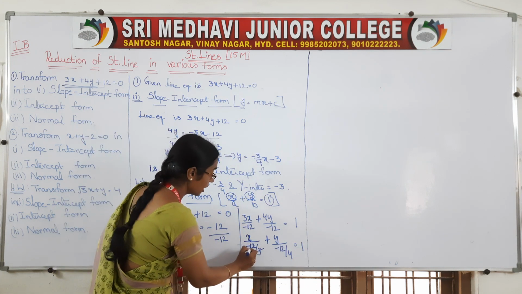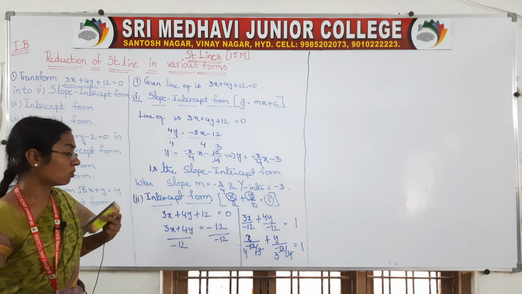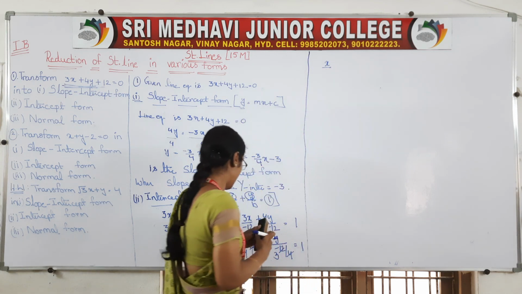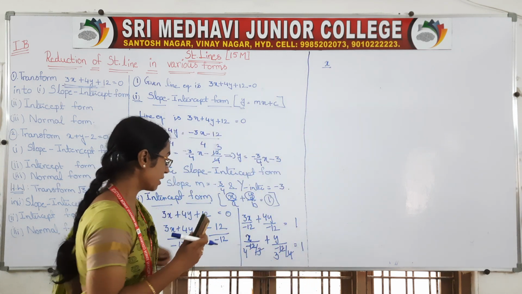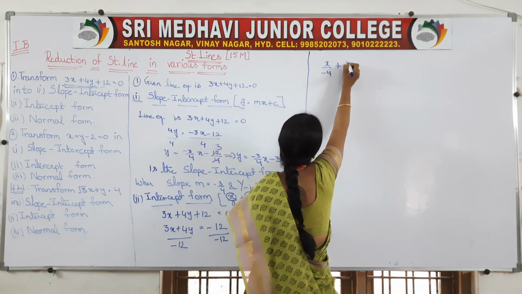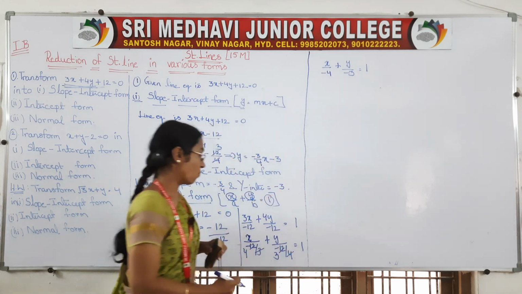This is 3 4s, this is 4 3s. So now you observe at the end your equation is x by minus 4 plus y by minus 3 is equal to 1.